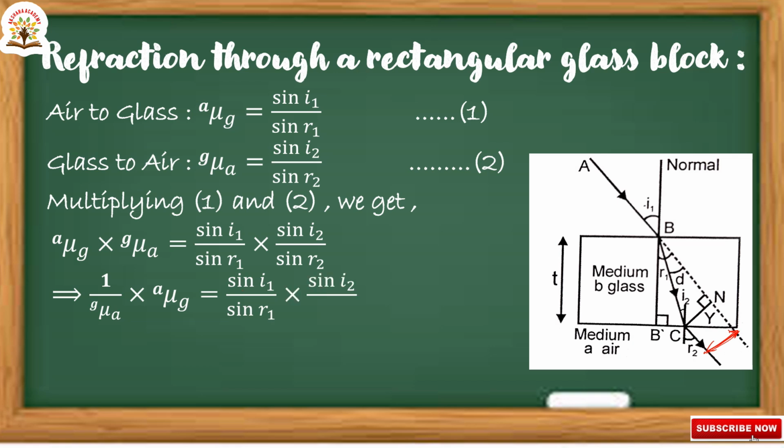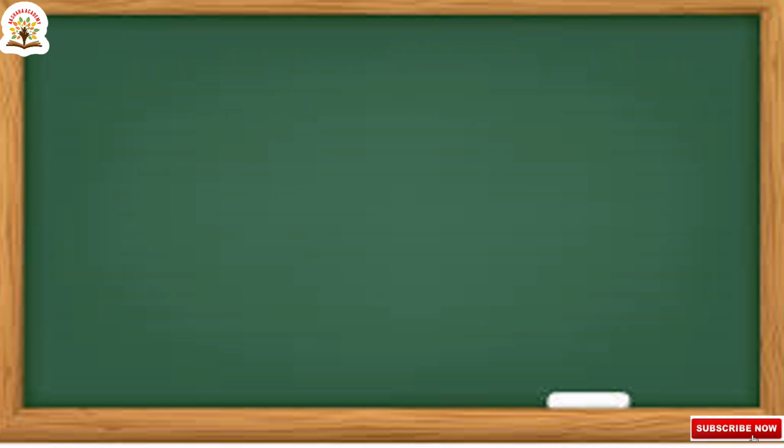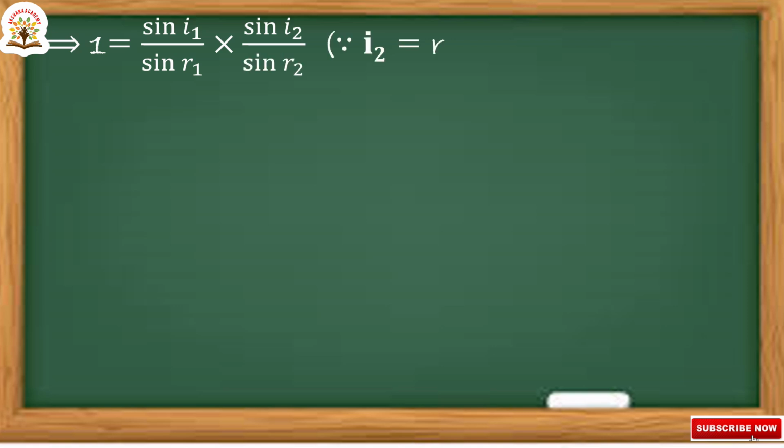See here, sin I1 by sin R1 into sin I2 by sin R2. Here we are writing this as reciprocal. And next, 1 is equal to, both cancel each other. So 1 is equal to sin I1 by sin R1 into sin I2 by sin R2.